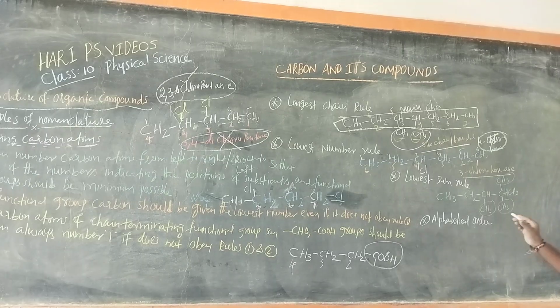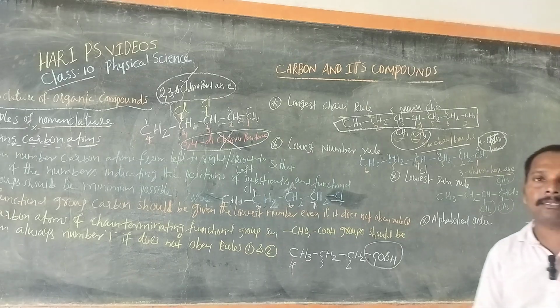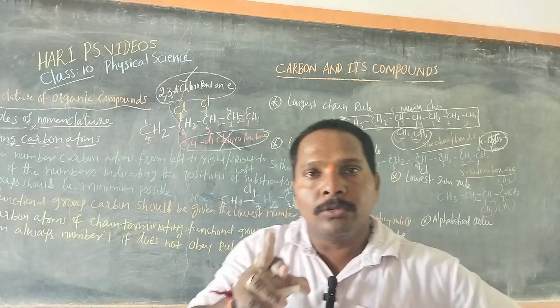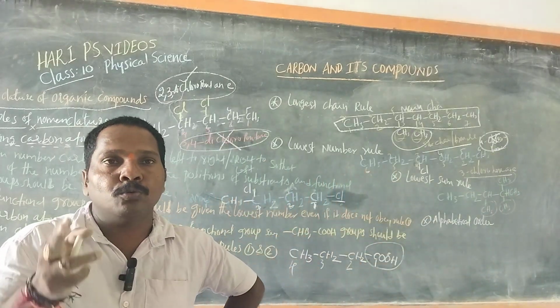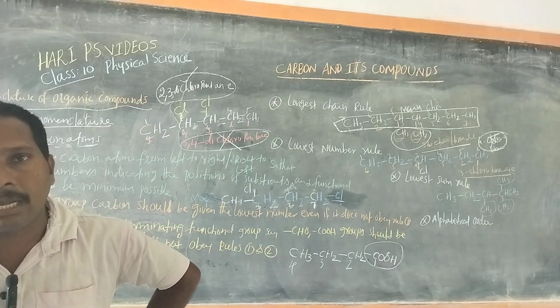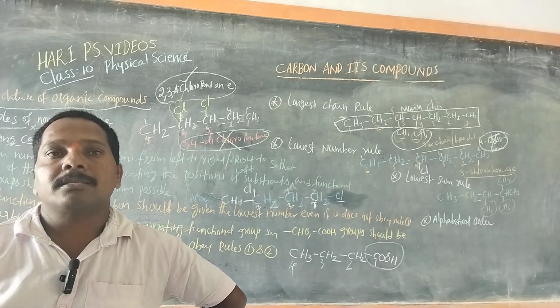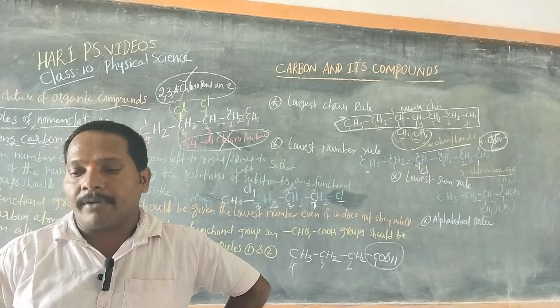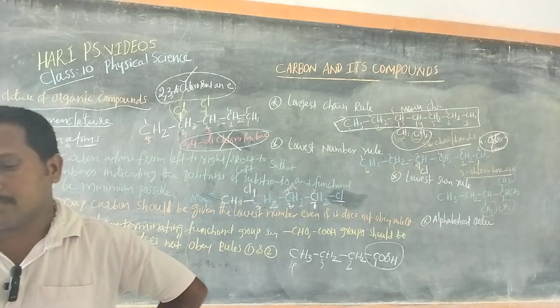So here one carbon atom has two substituents and another carbon atom has only one substituent. The carbon which has two substituents must be given the first priority.